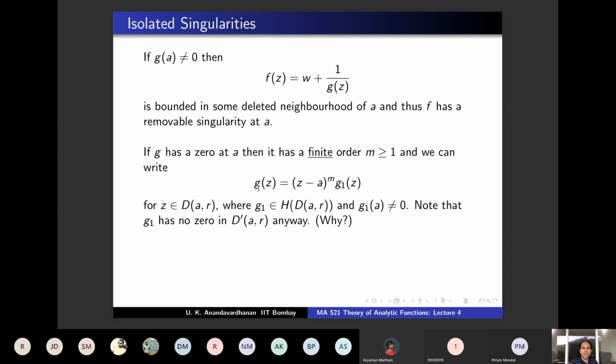So if you write like this, then we know that g1 of A is not 0.